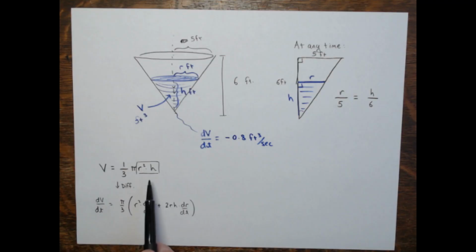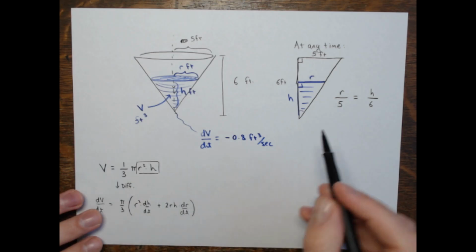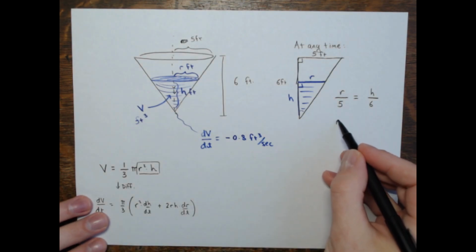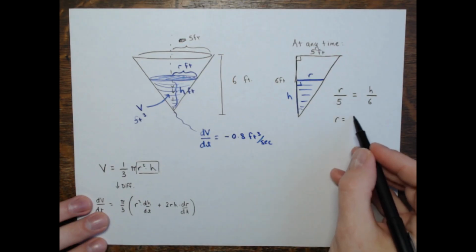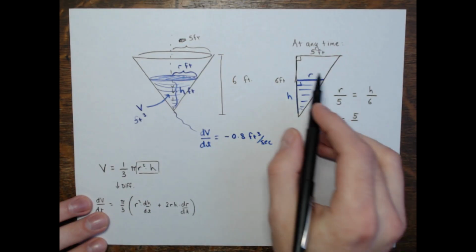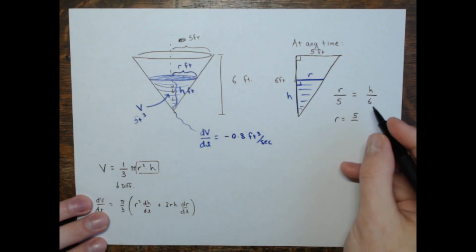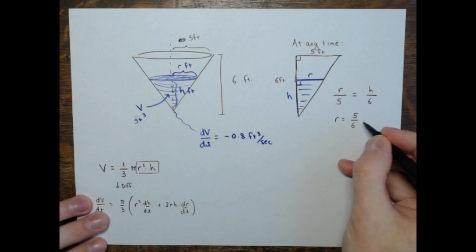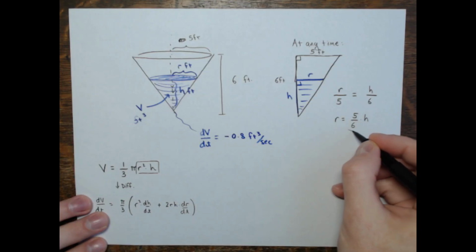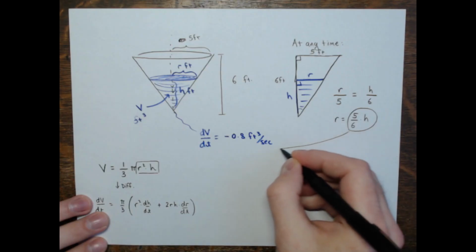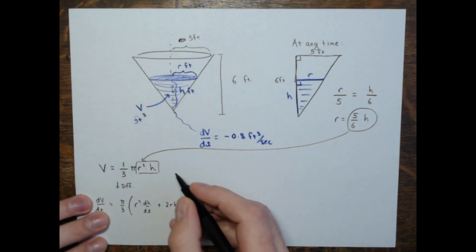That's what I want to do, because all they asked for was, at what rate is the height of the water in the funnel changing when the height of the water is 4 feet. All they gave me was information about the height. So I'm just going to solve this for r. Multiply by 5. At any time t, the value of r is 5/6 times h.